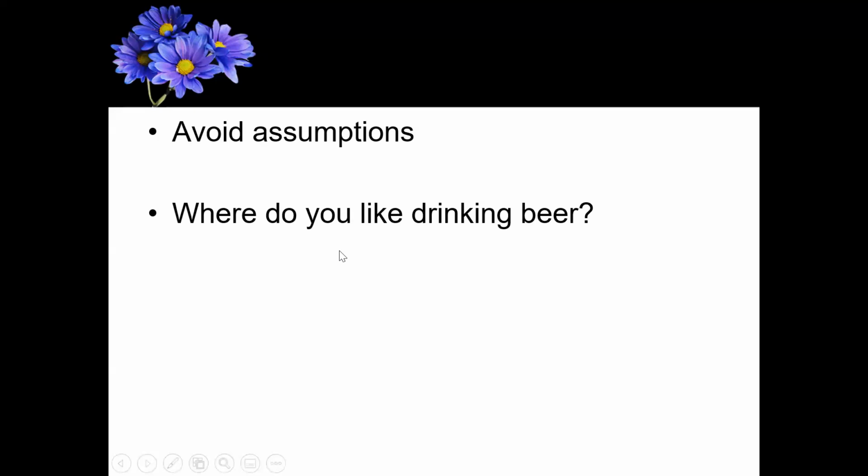You're just assuming that they like drinking beer, and the question is, where do they like drinking? That's not really a good question. The only exception would be if you had somehow already established, say you're surveying people that you happen to know already drink beer. This might be okay, but if you're surveying someone who you don't know if they like beer or not, then this question is obviously bad.